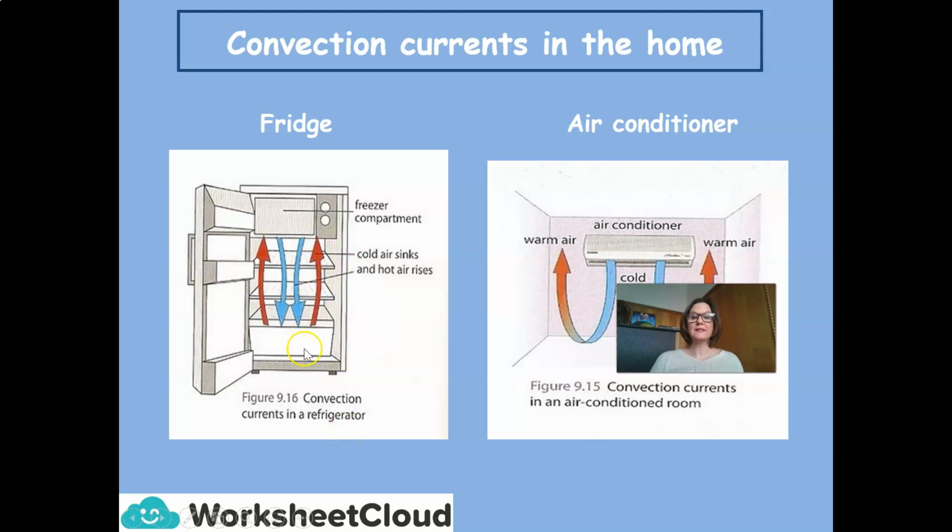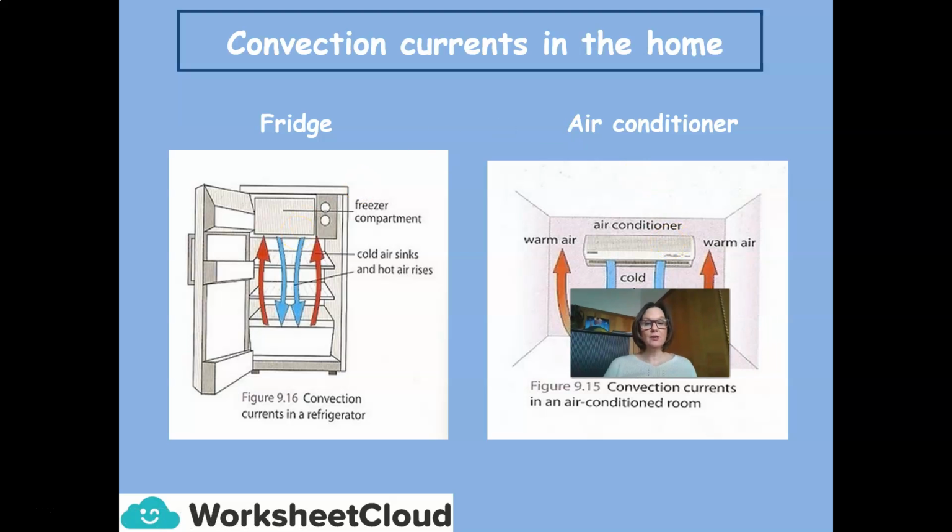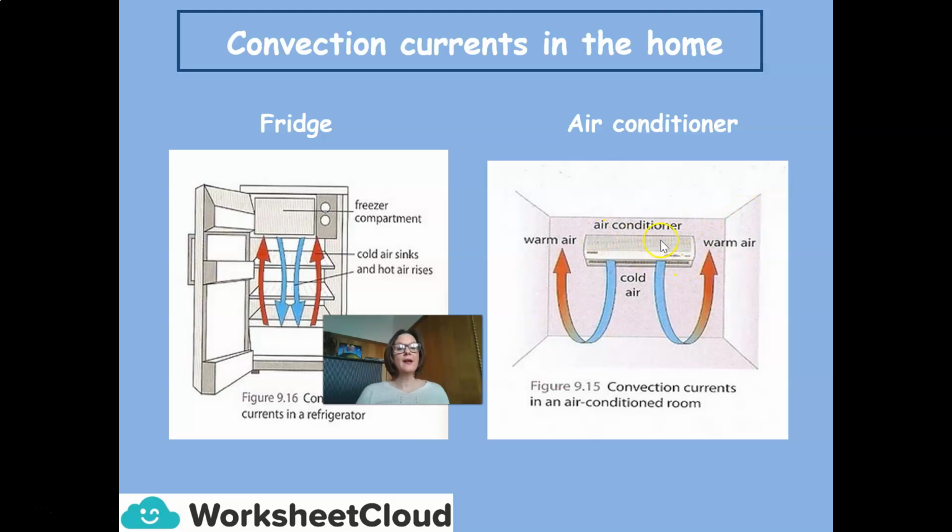The cold air will sink and the hot air will rise. Exactly the same with how an air conditioner works. If you look over here, the cold air sinks and the warm air rises. And now does it make sense to you as to why air conditioners are always placed at the top of a ceiling, not at the bottom, at the top?